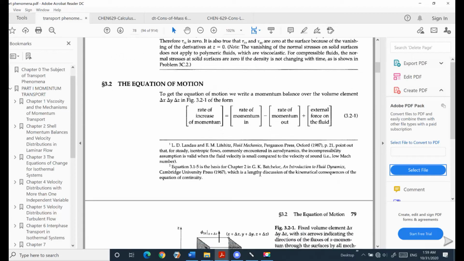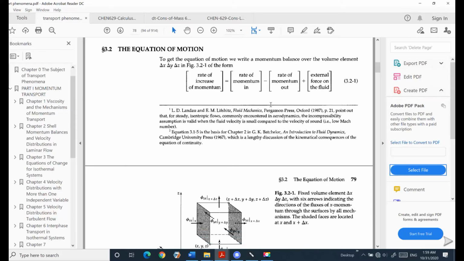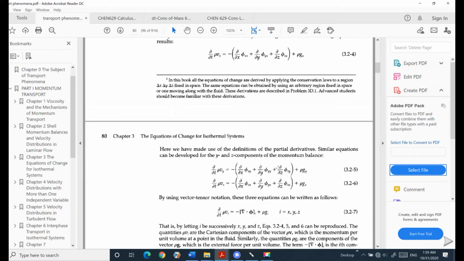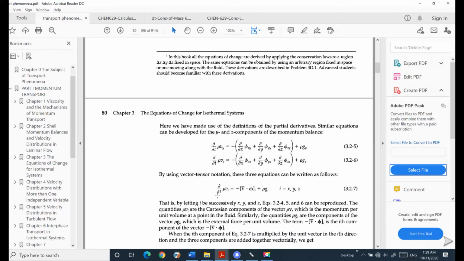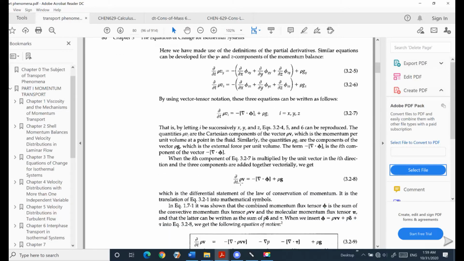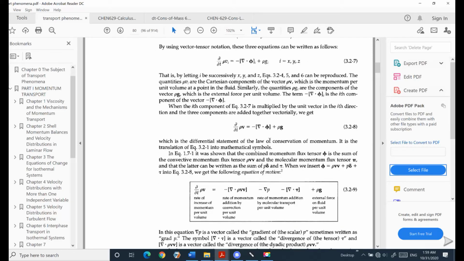Okay, and the equation of motion, you see from here, we got this formula for the equation of motion. This term includes the molecular and convective transport of momentum, and we can write it in the closed form here.